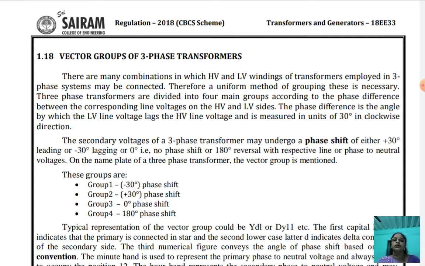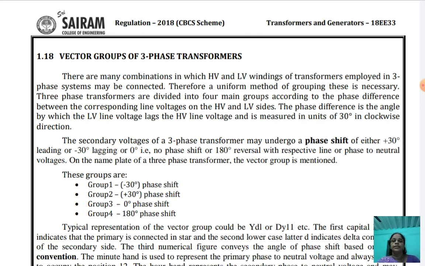Therefore, the vector groups of three-phase transformers are divided into four groups. The first group is minus 30 degrees, which is nothing but the 30 degree lag. The plus 30 degree phase shift is nothing but the 30 degree lead. 0 degree phase shift means there is no phase shift between the LV line voltage and HV line voltage.